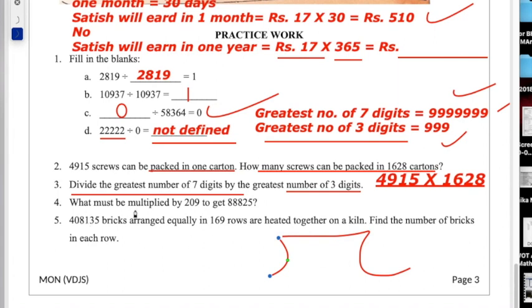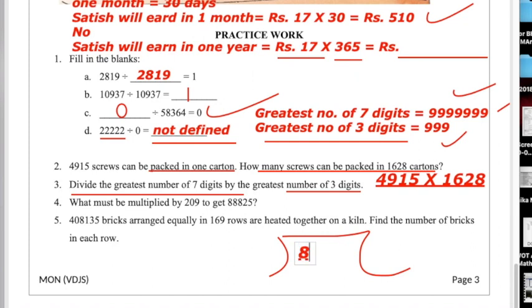Next is, what must be multiplied by 209 to get 88825? What must be multiplied by 209? That means you can find out by dividing 88,825 by 209.